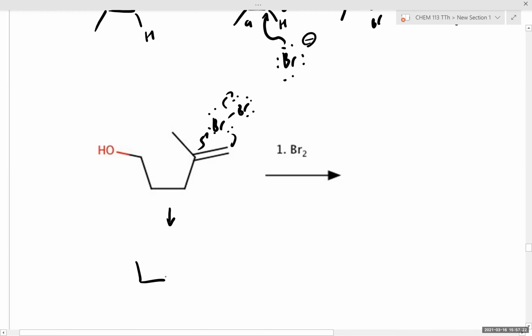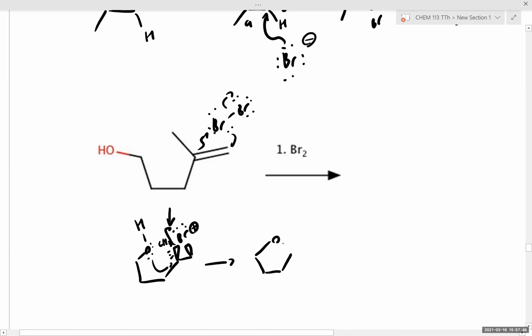From there, the bromonium ion that I'm going to arbitrarily draw on the top face. From there, we have an internal nucleophile just all set and ready to go. And it's going to open our bromonium ion at the most substituted position.